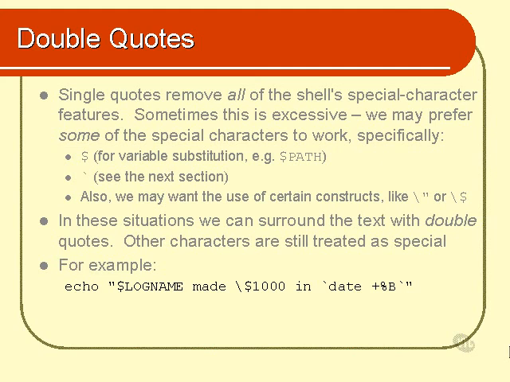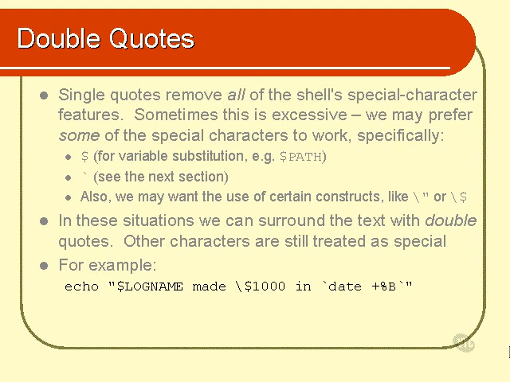So if the $ sign remains special, then some strange behavior is going to happen when we try and print out $1,000. So we put a backslash in front of the $ sign to make it non-special just for that one instance. And then some other text enclosed in back quotes, date plus %b.